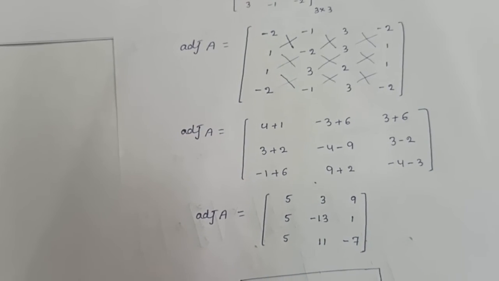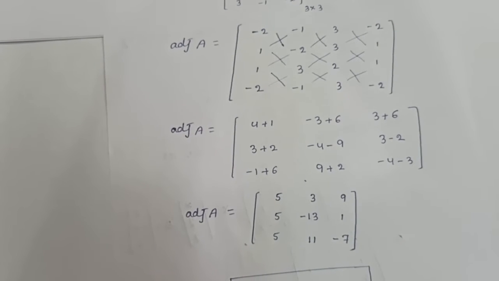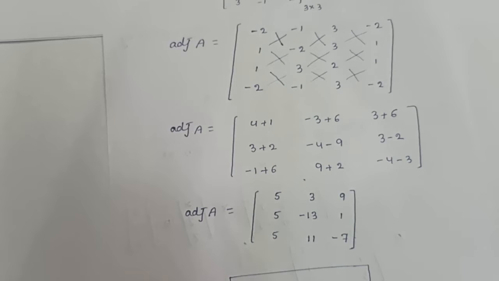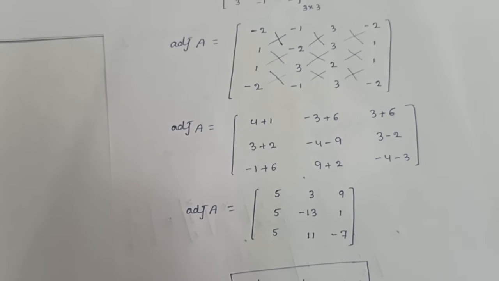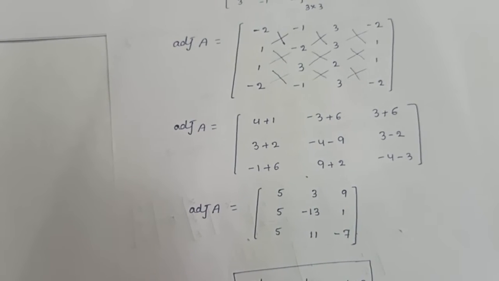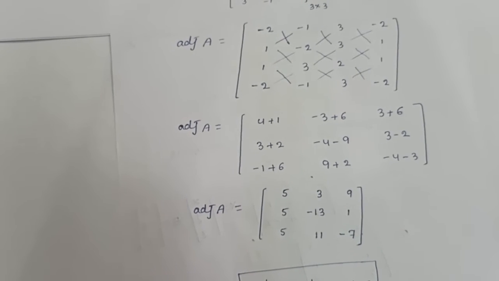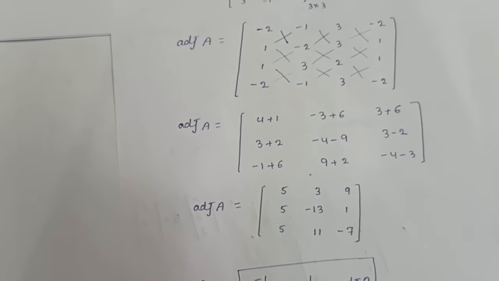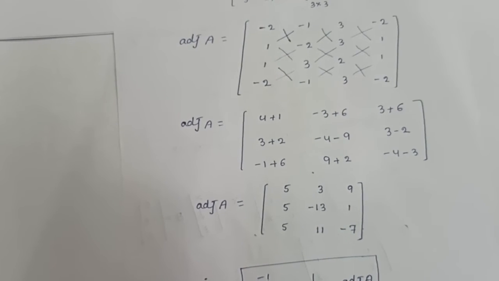Third row first one: 1 into minus 1, minus of 3 into minus 2 is plus 6. Again third row second element: 3 into 3 is 9, minus of 2 into minus 1 is plus 2. And last, third row last element: 2 into minus 2 is minus 4, minus of 1 into 3 is minus 3.